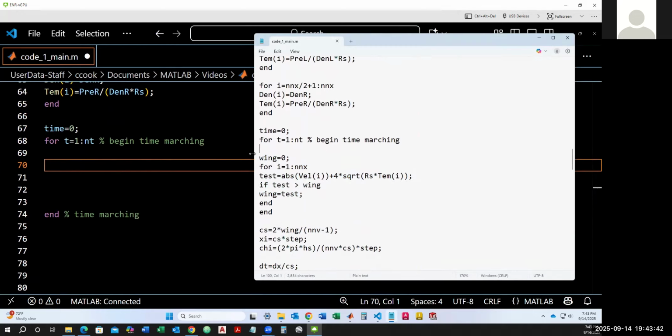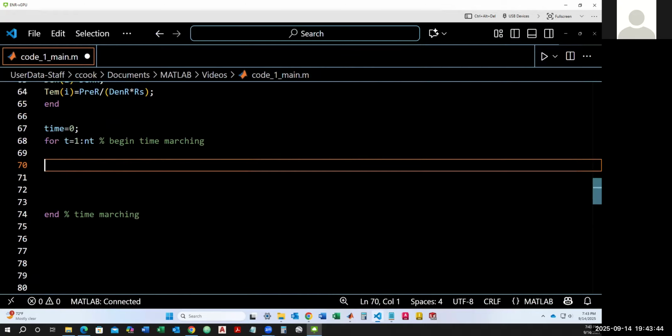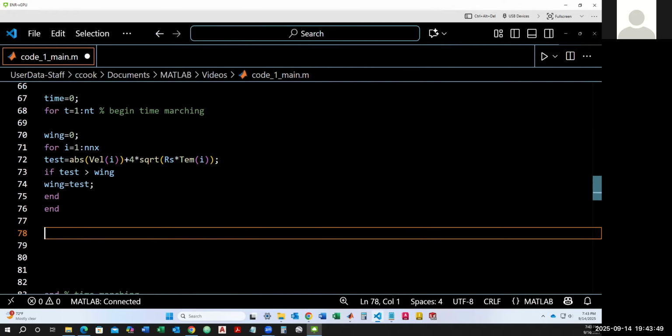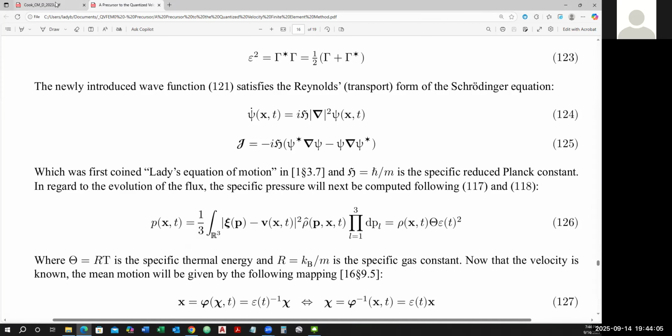The first thing we have to do is determine our zone of influence. We have velocity distributions. So let's go into my dissertation.